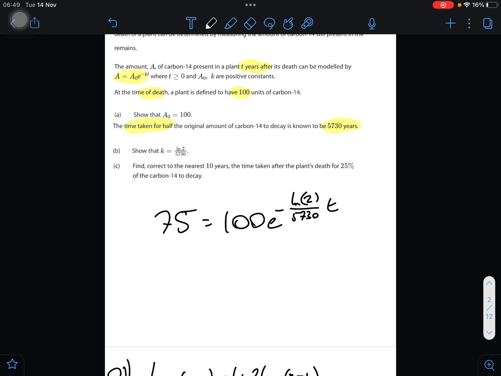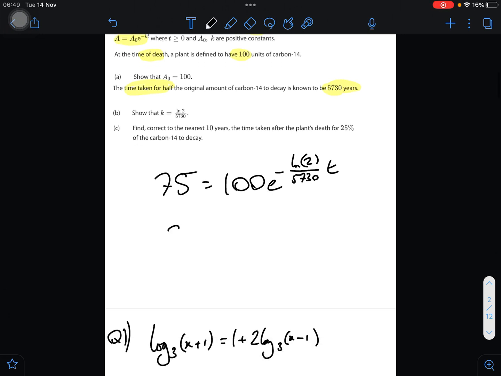And we need to solve that now for our value of t. So 3 over 4 equals e to the minus ln 2 over 5730t.